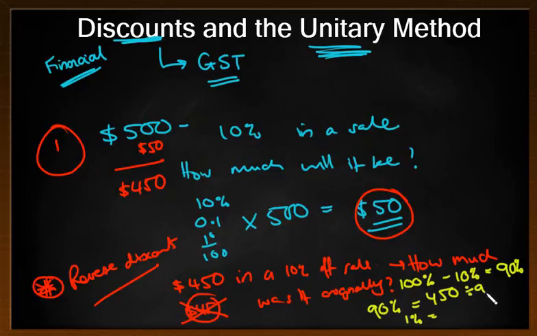We divide by 90, and we throw that into the calculator, and that comes up with $5. And because we want the original price before, that means we're looking for 100%. We're simply timesing that by 100, and then voila, we come up with the original $500.